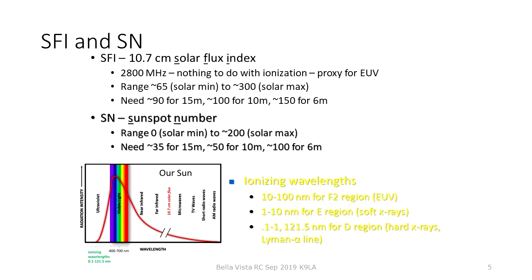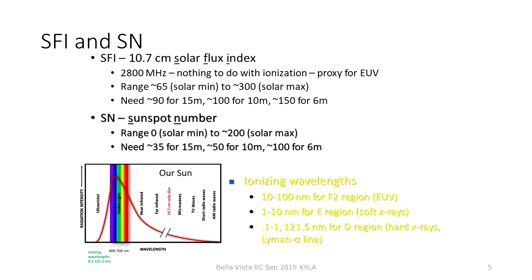In a similar manner, the sunspot number ranges from 0 at solar minimum. We've had lots of 0 sunspot days recently. We've had them before at other solar minimums, so this is nothing new yet, unless it goes on for a while. And the maximum sunspot number is 200, a little bit more than that, and that's what happens at solar max.